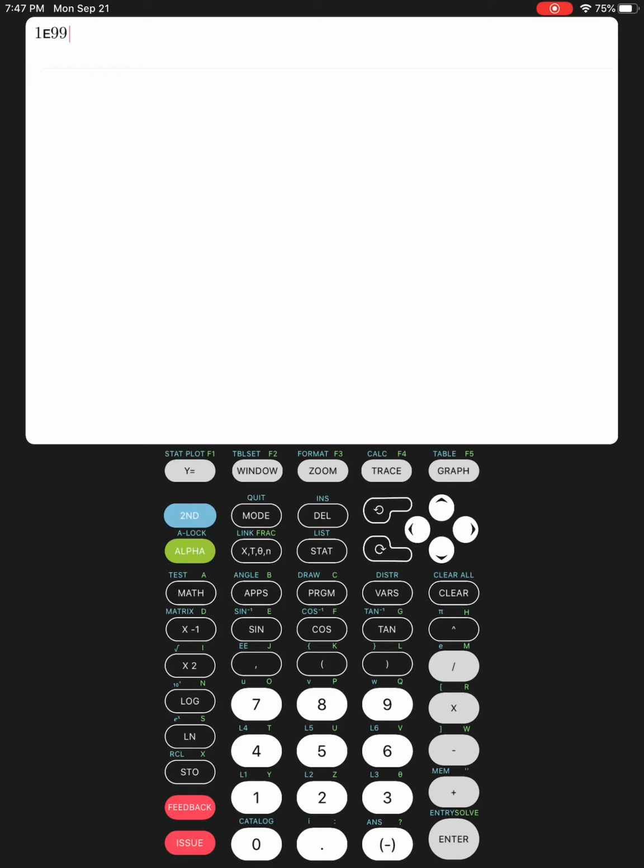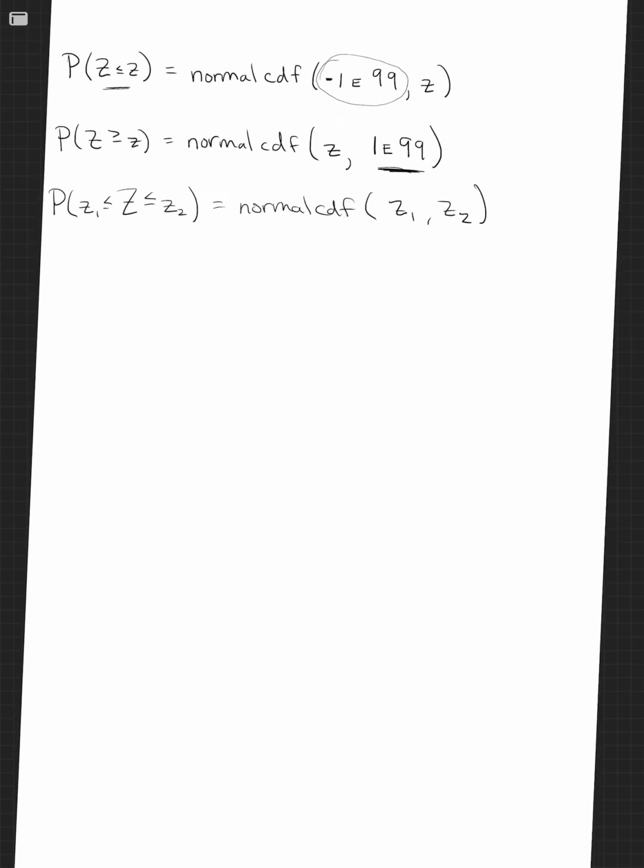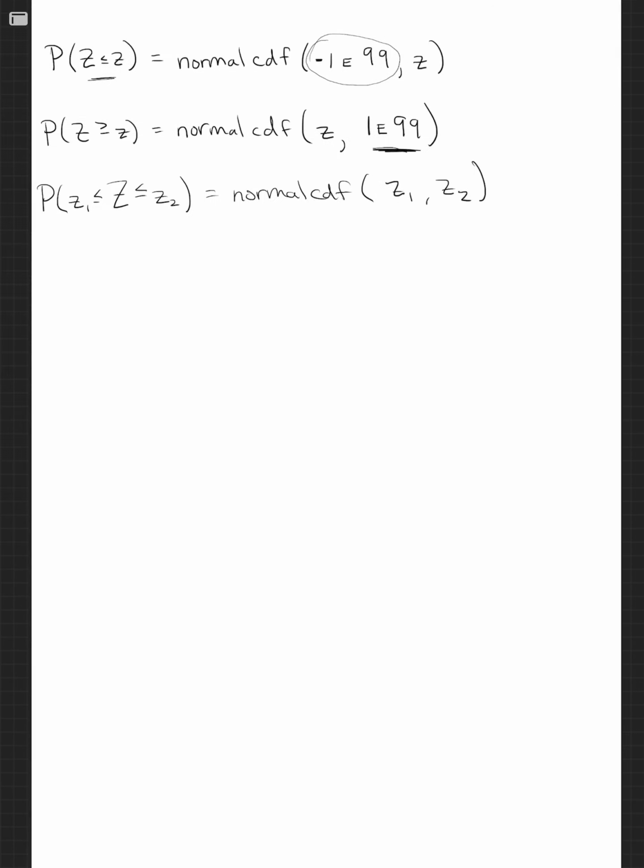So we would hit second and the comma button to get that E, and then 99. So that's what I mean by 1E99: it's this capital E that shows up as a double E on the button, and you get it by doing second and then the comma.